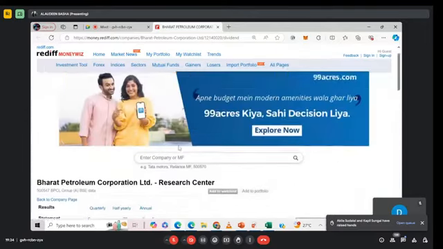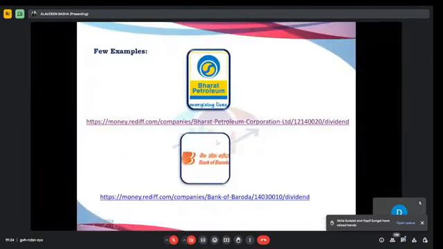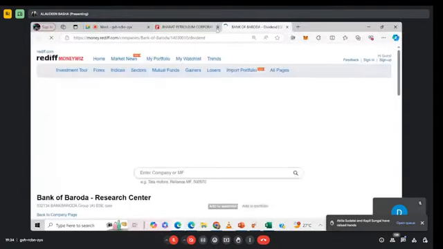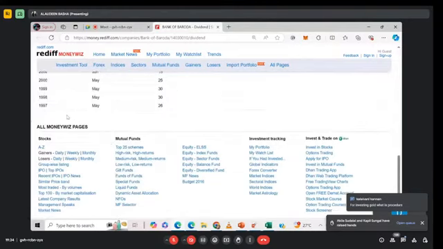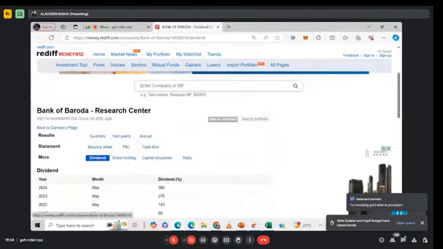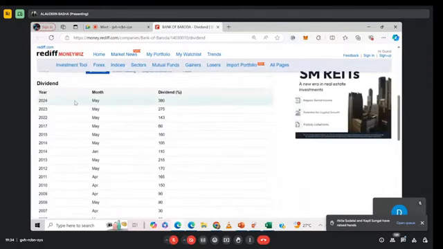Similarly, we'll move on to another stock, Bank of Baroda. Okay, so you just check the dividend. This company has also been giving dividends from 1997 till now. In 2024, last May, they gave 380%.